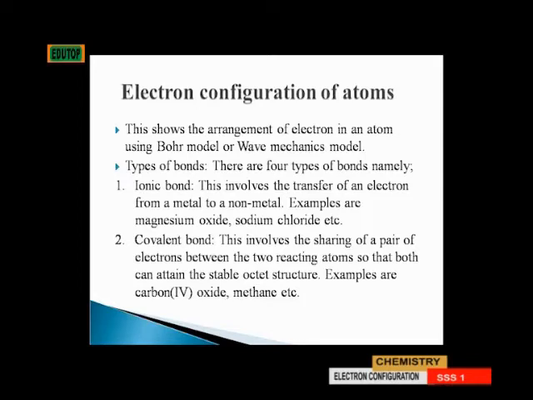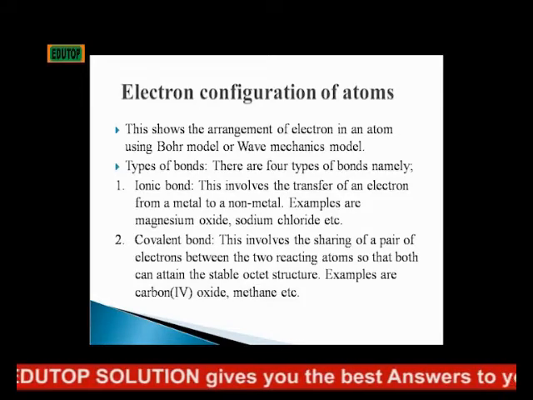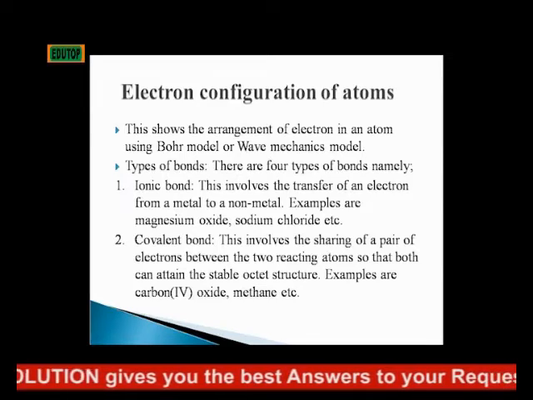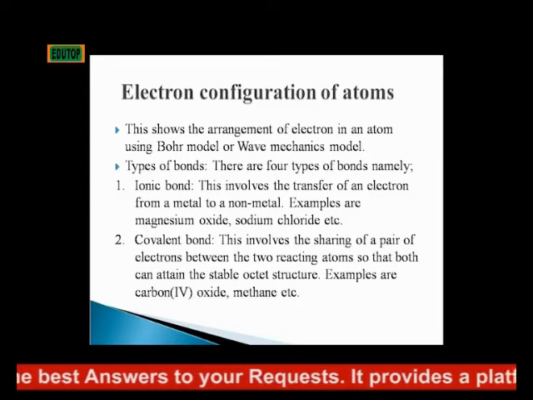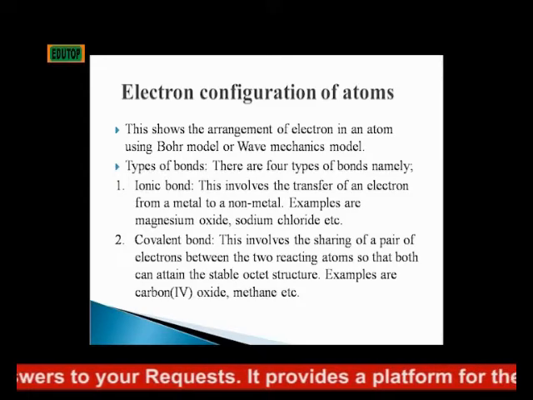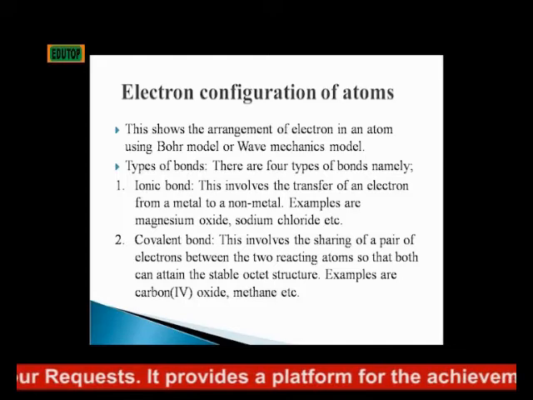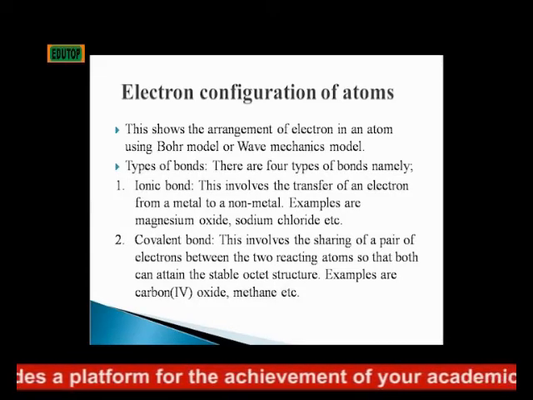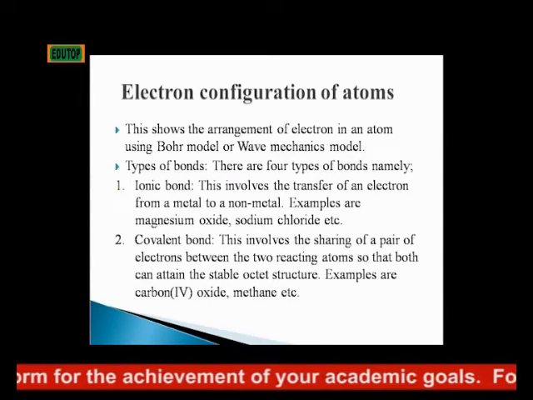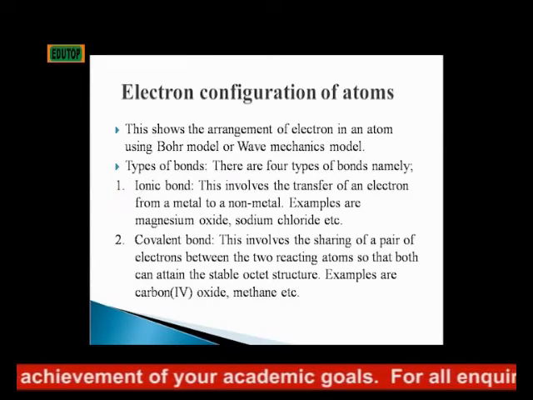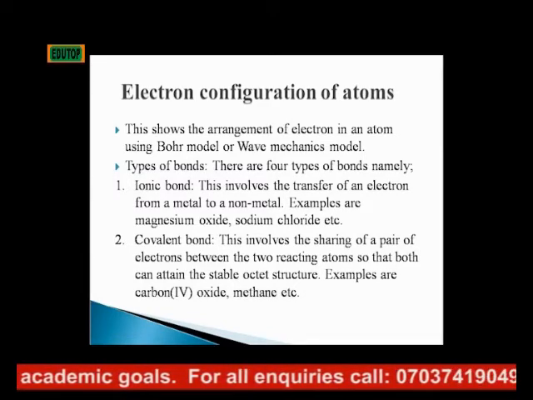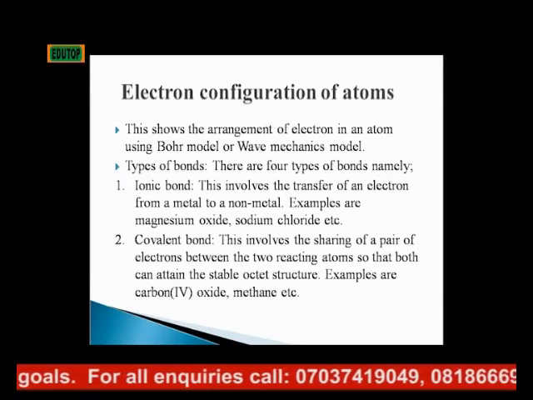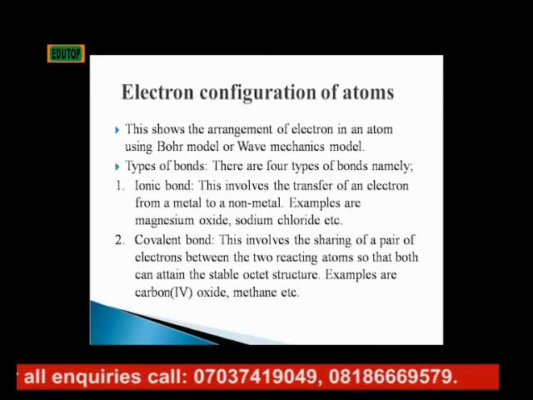Electron configuration of atoms. This shows the arrangement of electrons in an atom using the Bohr model or wave mechanics model. Types of bonds. There are 4 types of bonds, namely ionic bond. This involves the transfer of an electron from a metal to a non-metal.